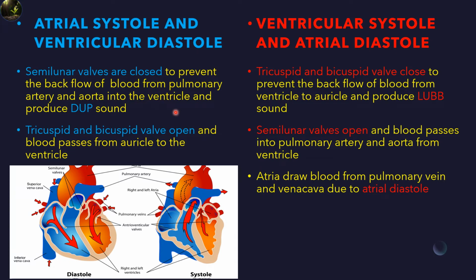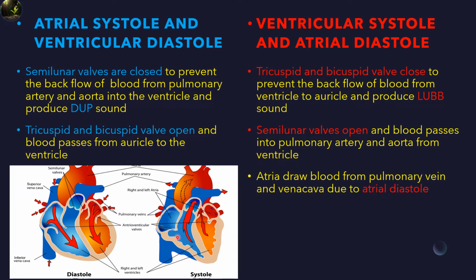Then the next one, ventricular systole and atrial diastole. What is that? Atrial diastole means atria will relax. This is another stage. Then at the time of ventricular systole, after ventricular diastole, the next stage is that the ventricle will contract.